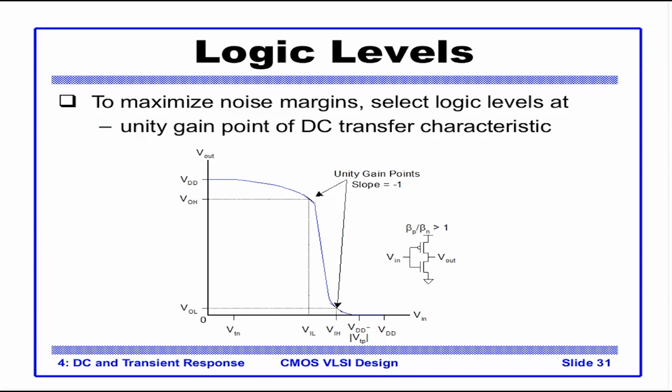These are the two points where the slope of the curve is -1, that is, a 135 degree slope on this tangent. We draw a tangent, and we define these parameters here. VOH is this, and this is VIL. Again, VOL. So remember, the x-axis is the input voltage, the y-axis is the output voltage.